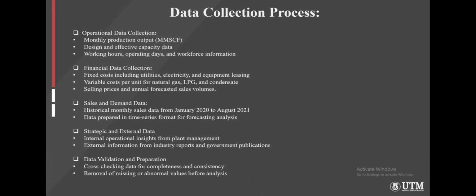Strategic and external data, internal operational insights from plant management, external information from industry reports and government publications, data validation and preparation, cross-checking data for accuracy and consistency, removal of missing or abnormal values before analysis.